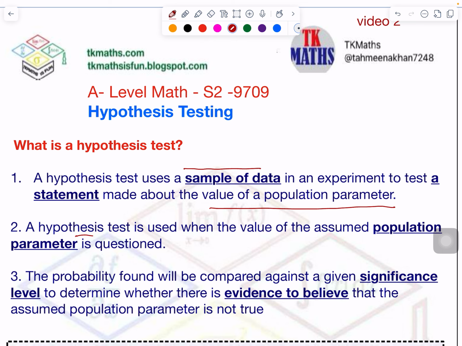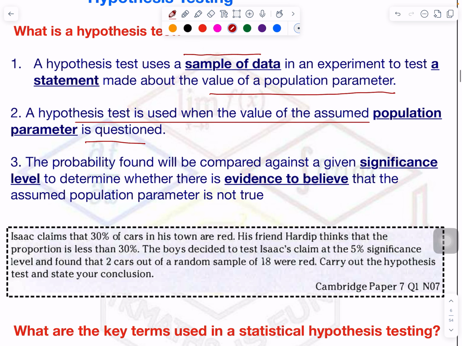So hypothesis test is used when the value of the assumed population parameter is questioned. Now it is questioned about the 30% of the red cars in the town. The probability found will be compared against the significance level. I explained it to you already with the help of an examination scenario.